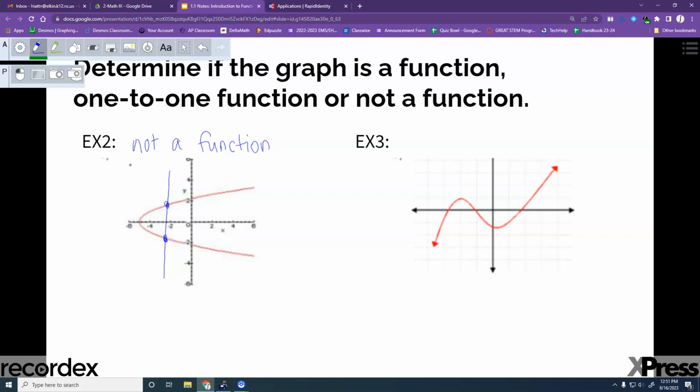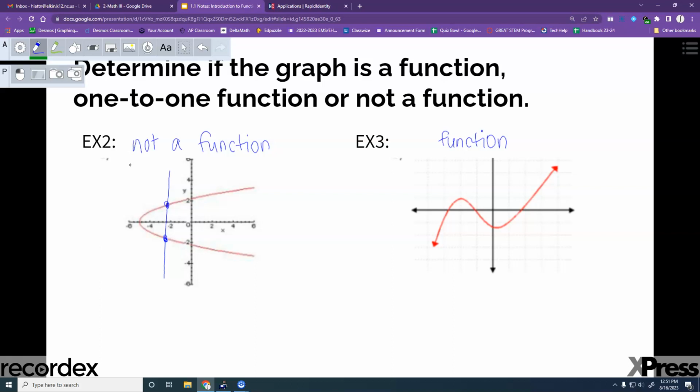What about 3? 3 is going to pass a vertical line test. Does it hit twice anywhere? It does not. Since it does not hit twice anywhere, we know this is going to be a function. But we also want to go a little bit further than we did in Math 1 and ask the question, is it a 1-to-1 function?